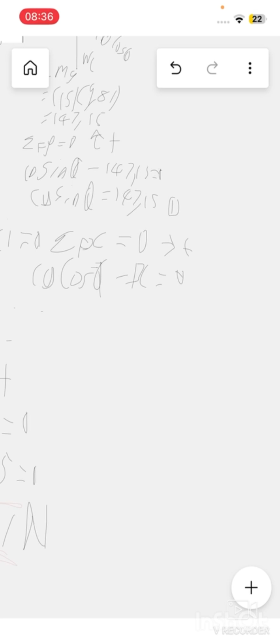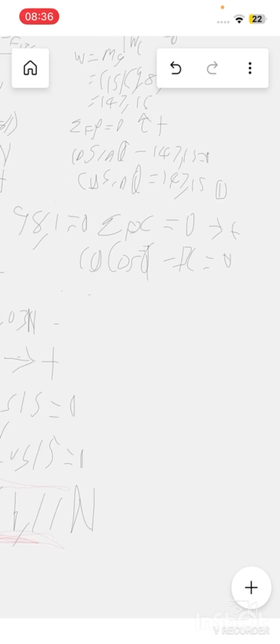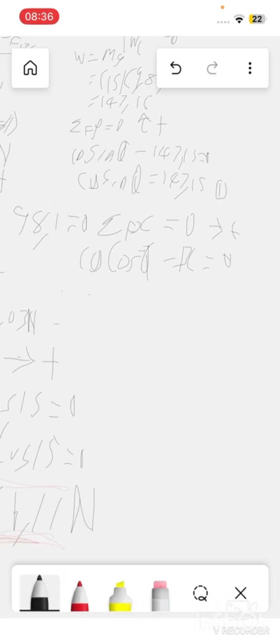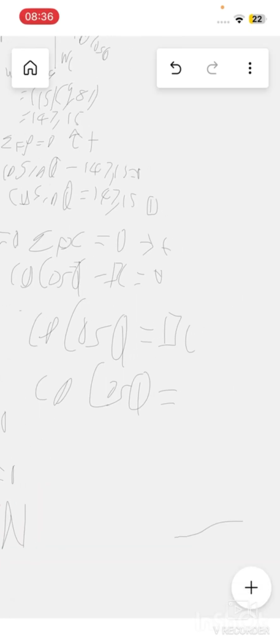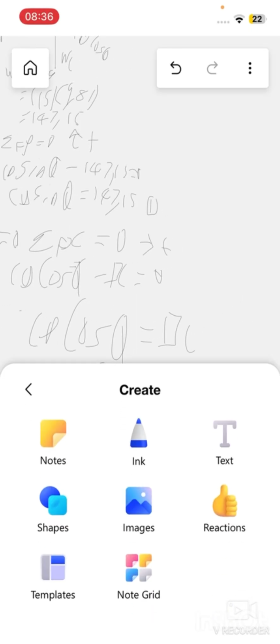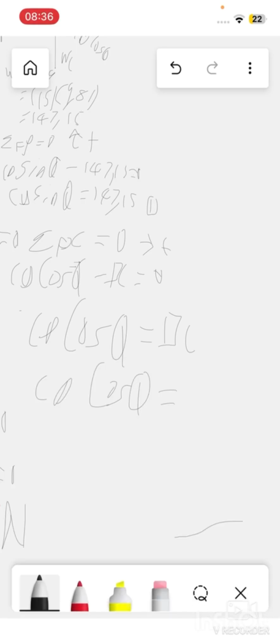Therefore, we're going to say CD cos theta is equal to, we transpose this BC. Our CD cos theta is going to be how much? 366.11 Newton.